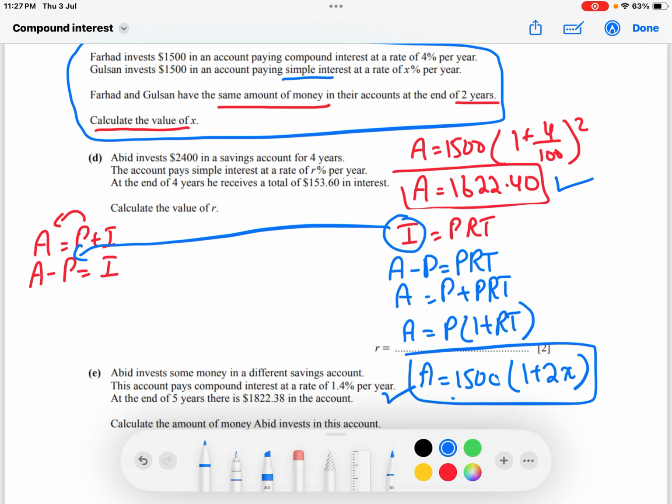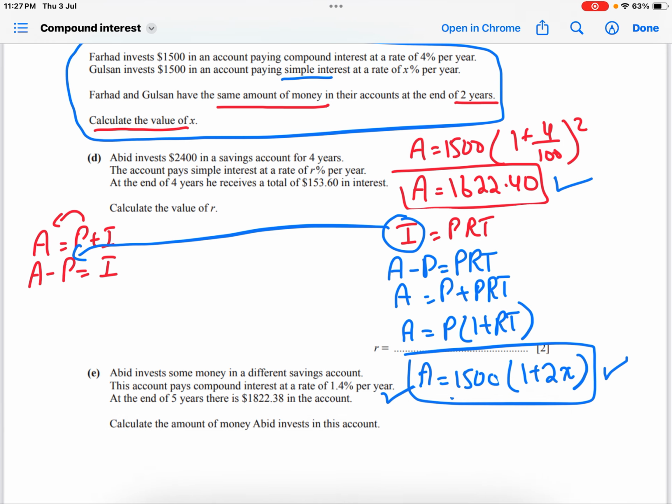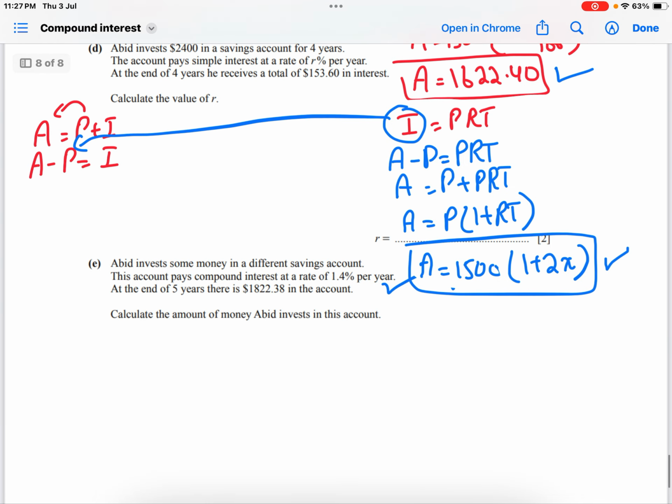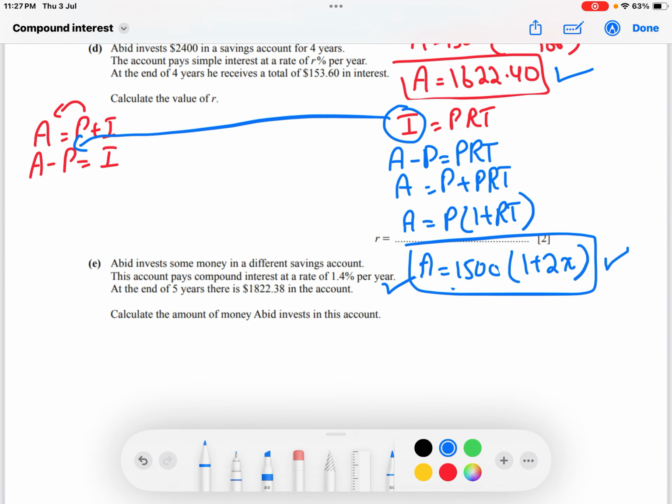This is what Farhad invested, paying compound interest, and this is Gulshan's account paying simple interest. In the third statement, Farhad and Gulshan have the same amount of money, so we can equate both of them. I will put 1622.42 equal to 1500 times 1 plus 2x.